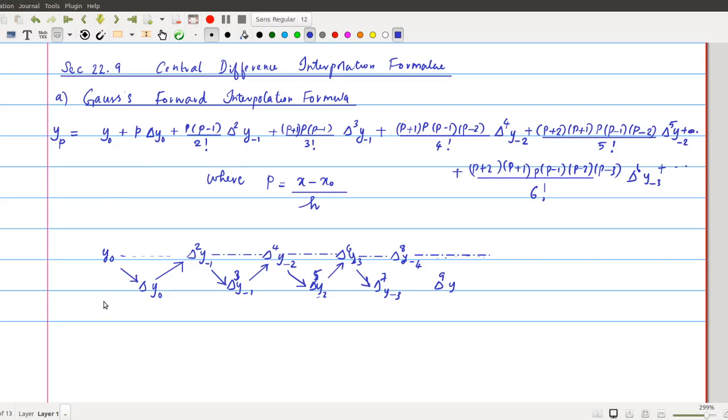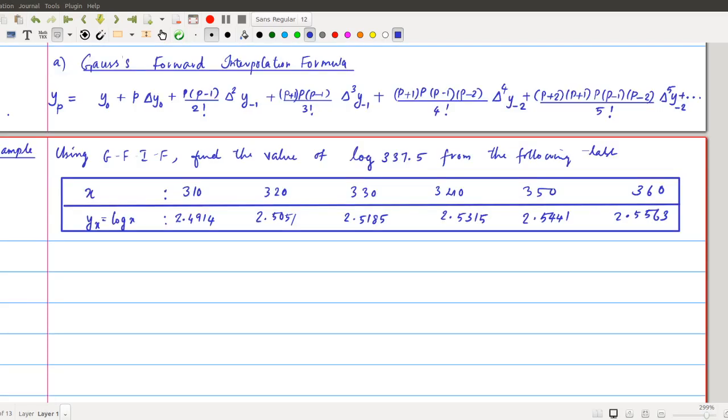Next we will explain one example to illustrate this formula. Using the Gauss forward interpolation formula, find the value of log 337.5 from the table. These are the x values: 310, 320, 330, 340, 350, 360.